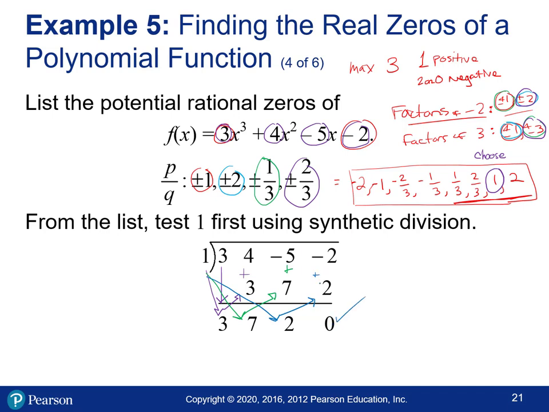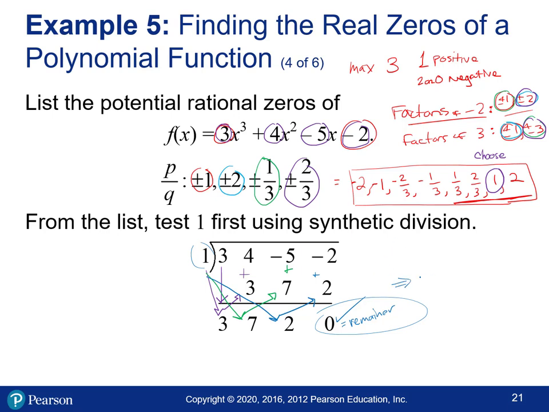And that's good news, because this is the remainder. This means that the remainder is 0, which implies that this was going to be one of our real zeros. Because when we plug it in, there's no remainder, so it is going to go right into a factor, and that is one of our real zeros. So if the remainder is 0, then that number is a real zero.